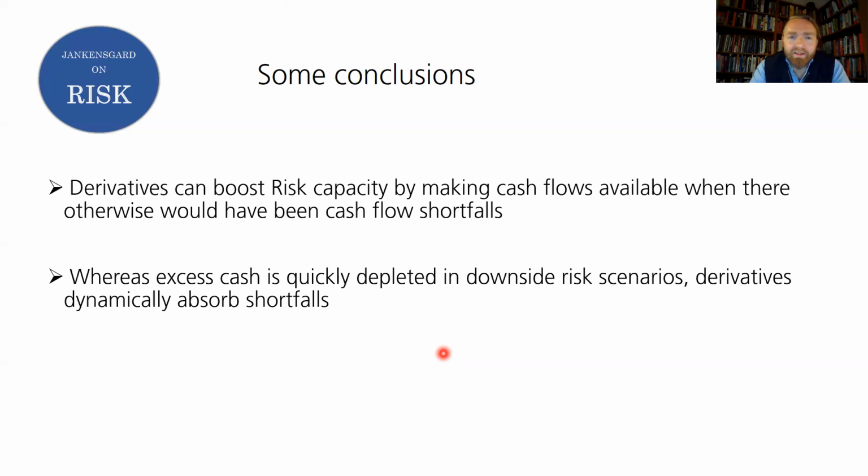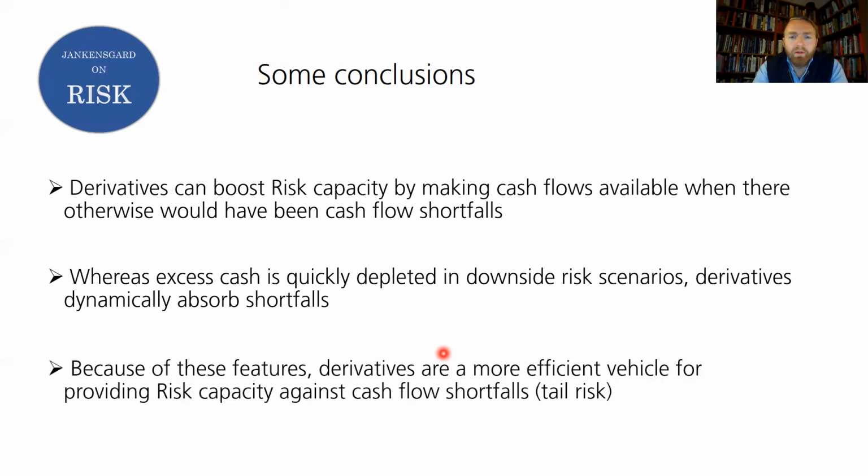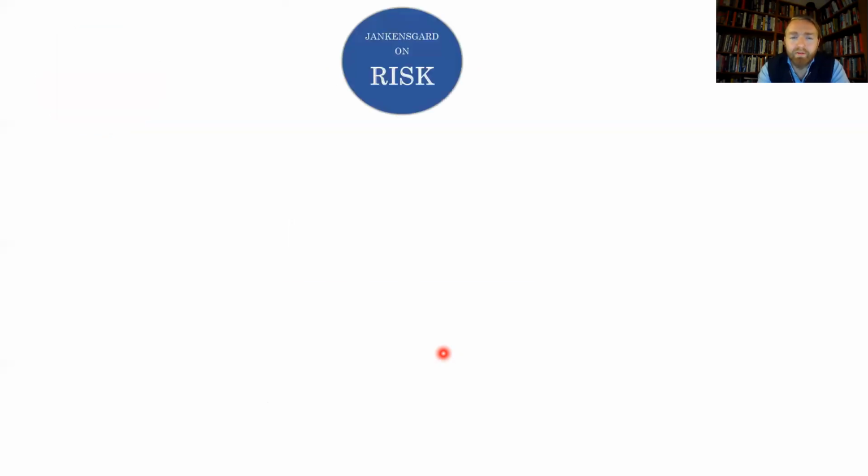Excess cash is a fixed size buffer, quickly depleted in downside risk scenarios, whereas derivatives deal better with tail risk because they dynamically absorb these shortfalls. It gets larger the larger the shortfall. So due to this feature, derivatives are sometimes a very efficient vehicle for dealing with tail risk, and in that sense, the most efficient source of risk capacity. All right, that was it for this video.